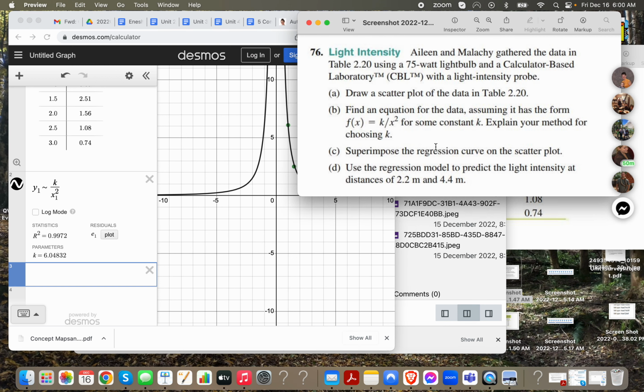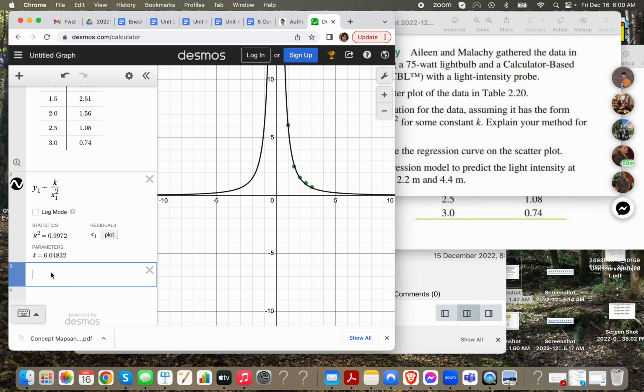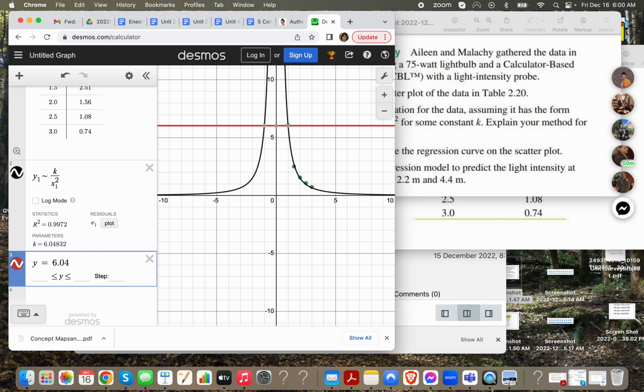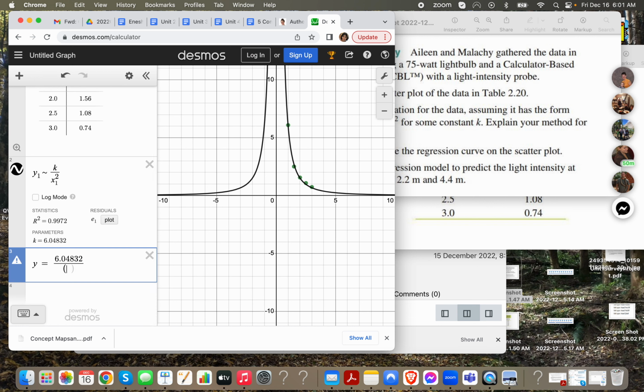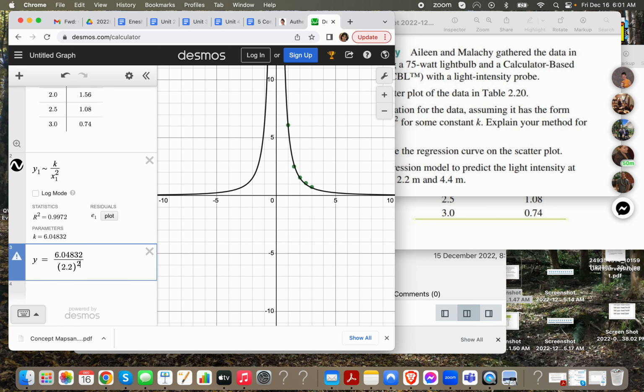All right, now last part. It says use the regression model to predict the light intensity at distances of 2.2 and 4.4, right? And so the distance was the x value. So this is pretty cool. So now in your model, I can say, well, y equals, and I have a K, 6.04832 if I use it exactly, divided by 2.2 squared, right?